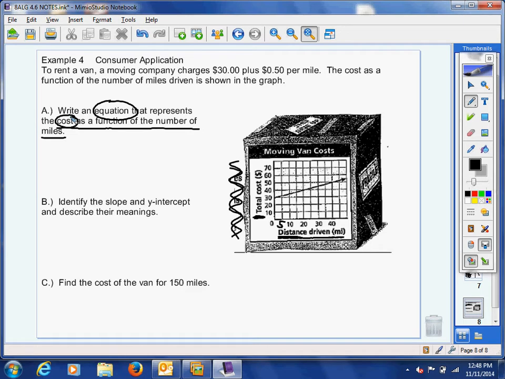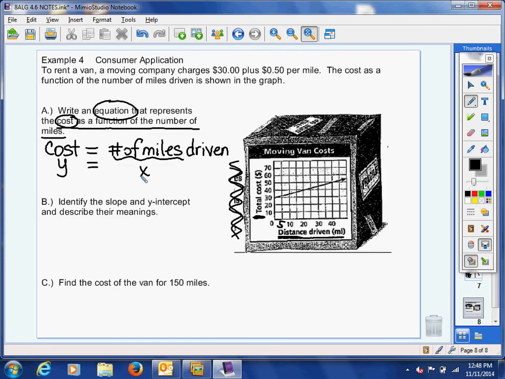So right away, we know that cost is going to depend on the number of miles driven. That's definitely going to be an affecting force, okay? That's going to be a pretty important part. So, cost is going to be our dependent variable, and number of miles is going to be our independent variable.